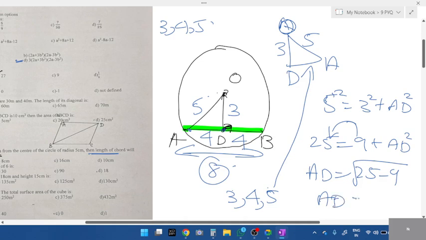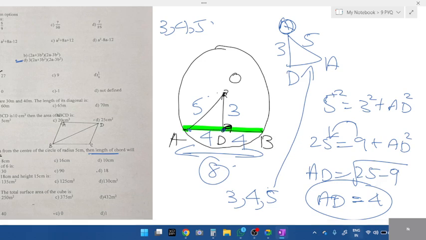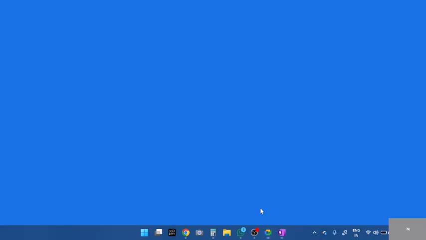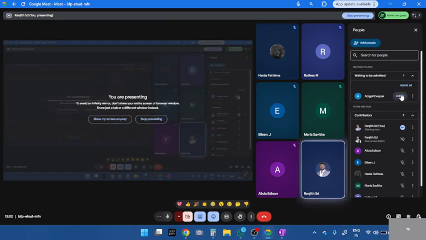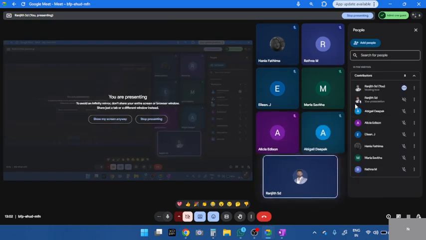AD is equals to square root of 25 minus 9, which is 16. That is 4. Is it clear? All of you understood?